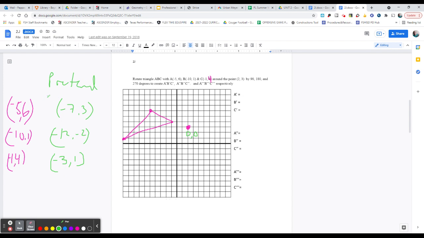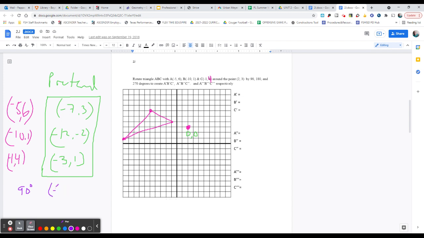Okay, so these are my three pretend points: negative 7, 3, negative 12, negative 2, and negative 3, 1. Now if we were to rotate these 90 degrees, I'm going to do this in purple. Remember, 90 degrees, we flip the x and y, and change the sign of the x.